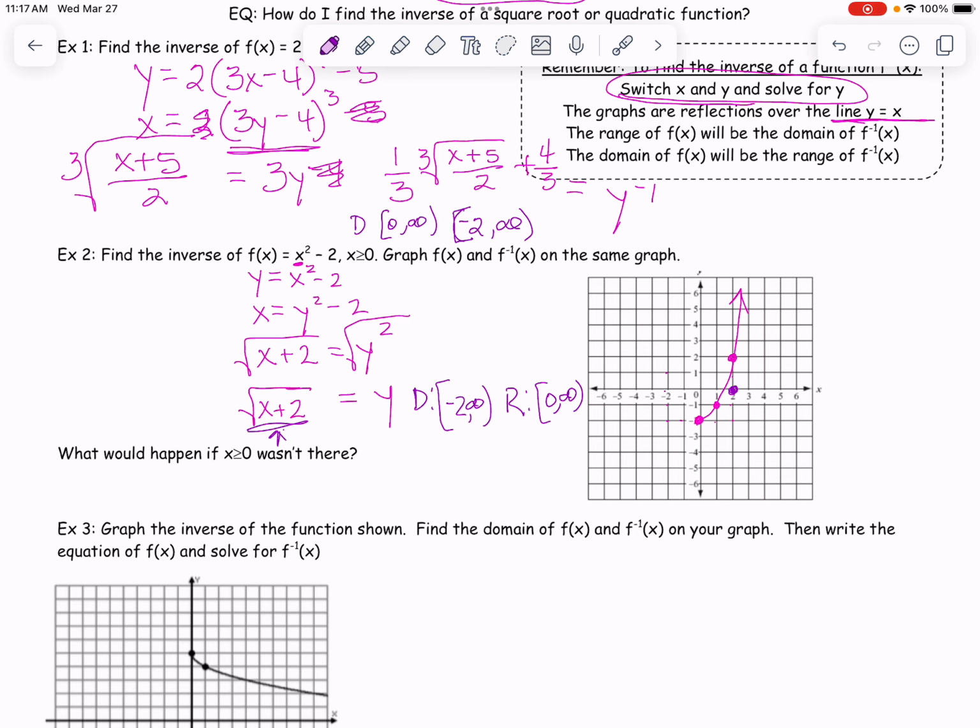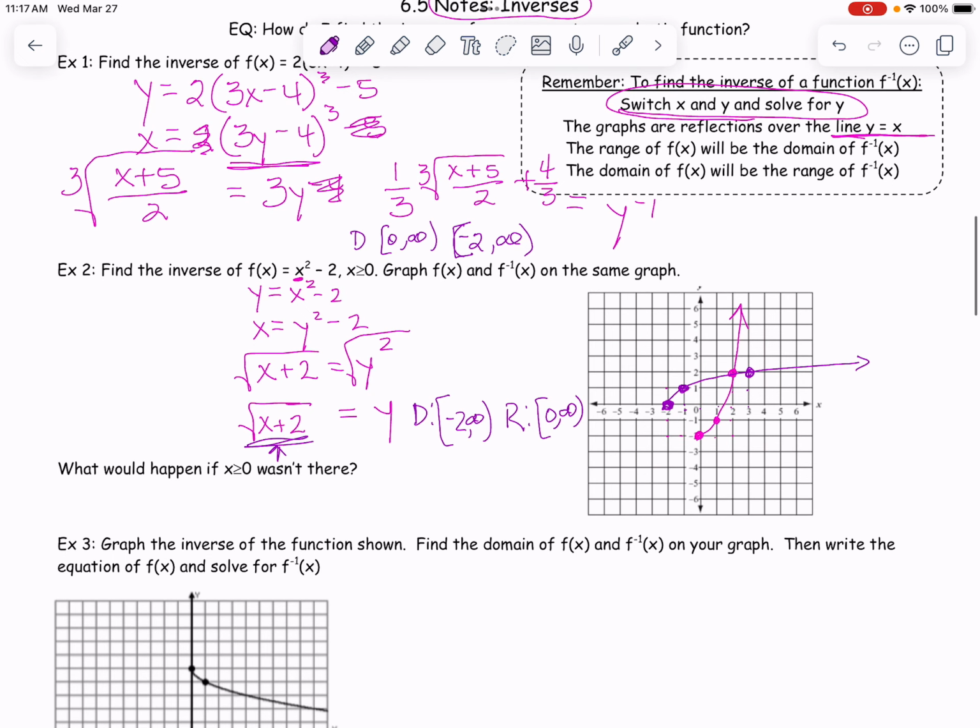So when we go to graph this, it starts at -2. It's been moved left 2. So it's starting here, and this is a square root function, so that means I go over 1, up 1. I go over 4, up 2. And this is my graph of my square root. So these two functions are reflected over the y equals x line.